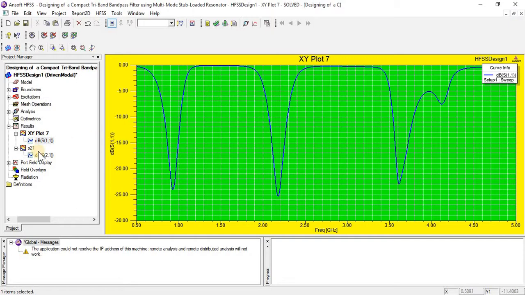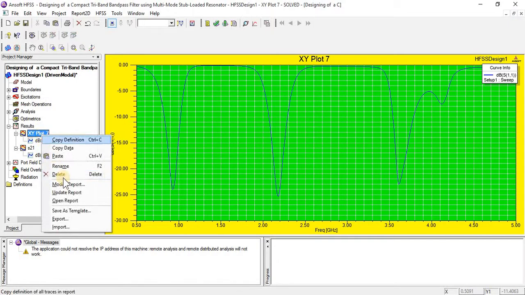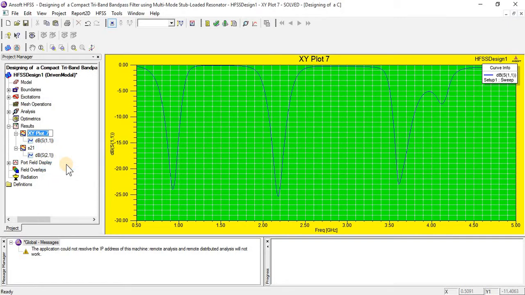This is the S11 plot. Now I am going to import this S21 graph and S11 graph.